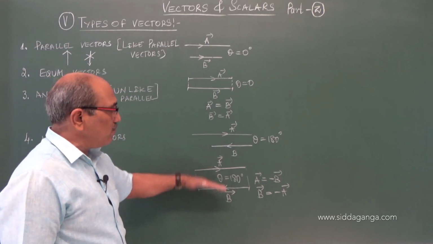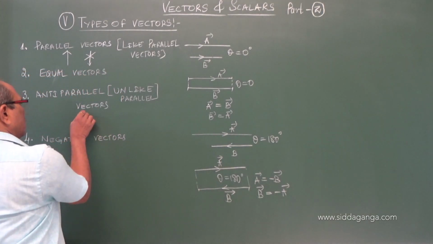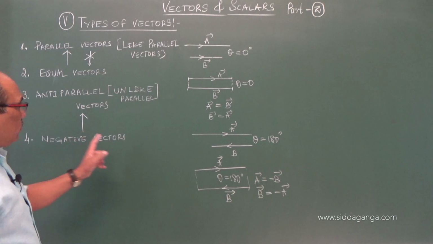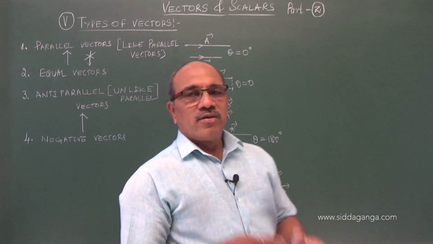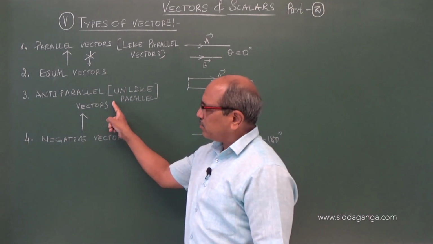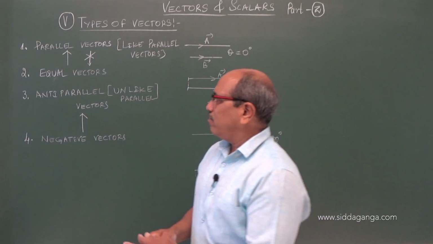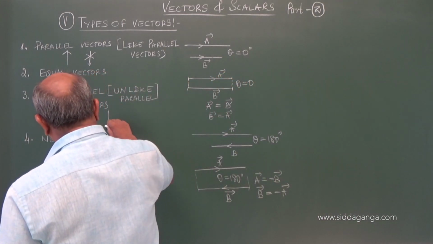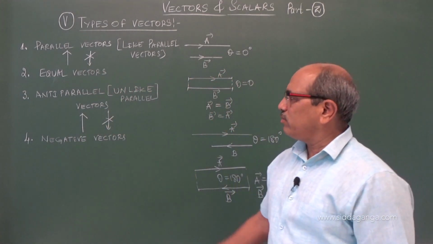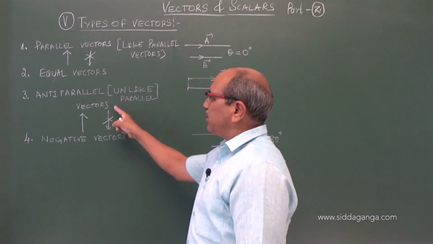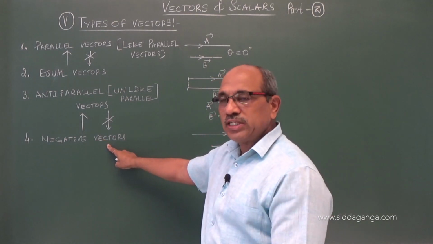Again, when you compare these two, you come to know that negative vectors are nothing but unlike parallel vectors, with the condition that they have the same magnitude. But the reverse is not true, it does not hold good, because the magnitudes are not the same there. Here the magnitude is the same and it acts in the opposite direction.